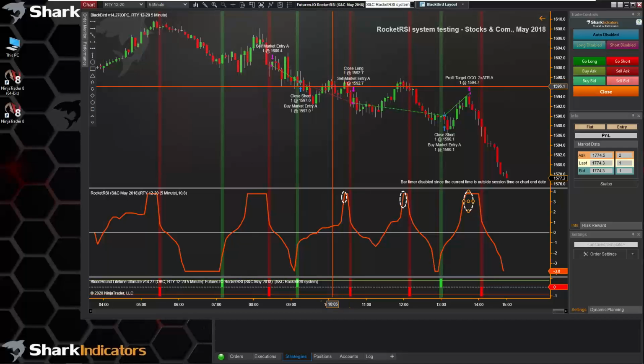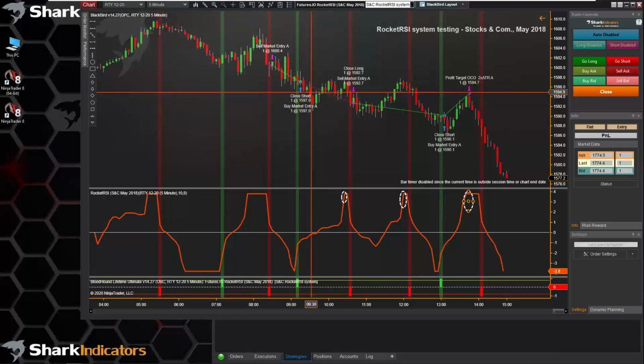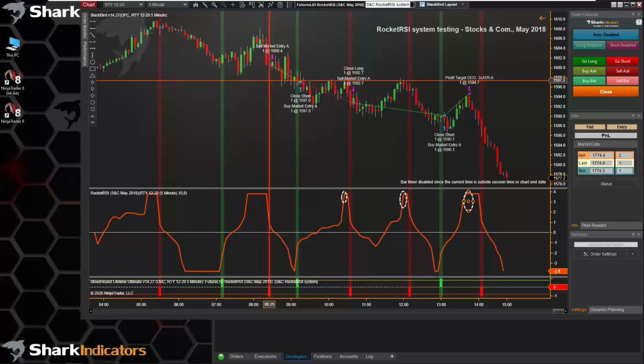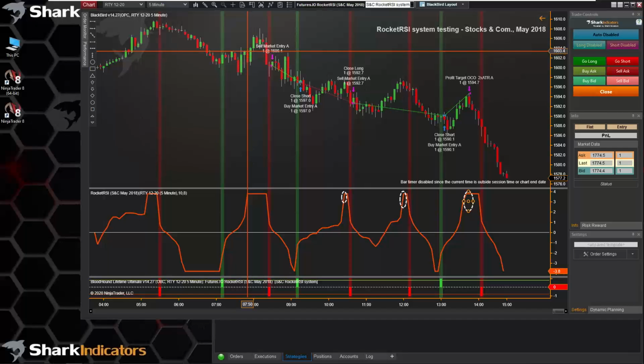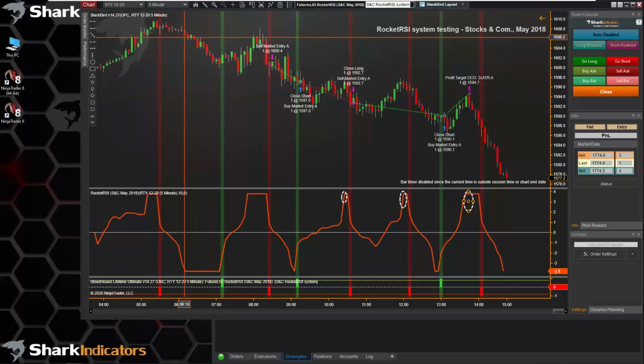That would definitely help. And this buy signal, well, we can tell it's a loser, so that's a wash. The sell signal, it moves it over a little bit. It's kind of hard to tell if it really helps. I don't think it really does. This buy signal, well, that definitely doesn't help.